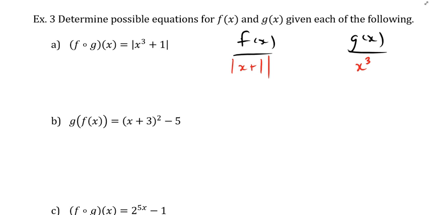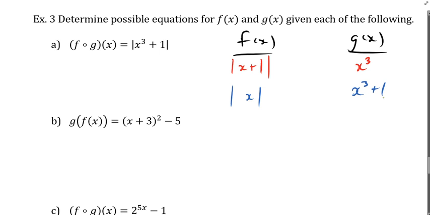Who's got another one? Yeah, that's fine. A lot of them are going to be easy. Nice. See how, that's good.